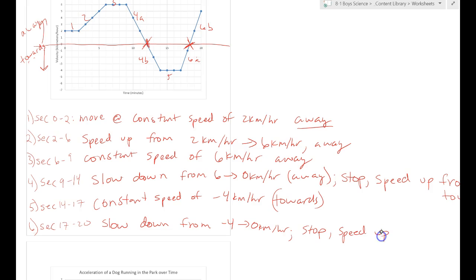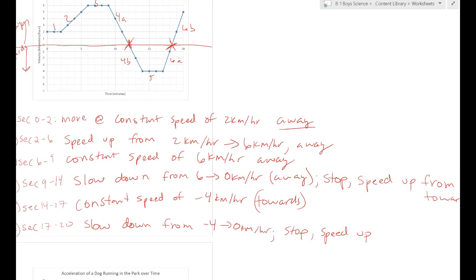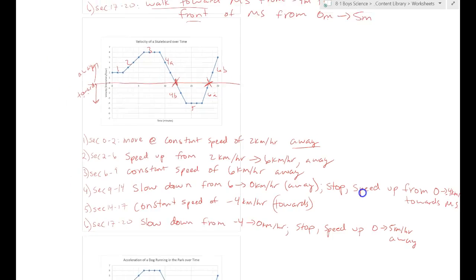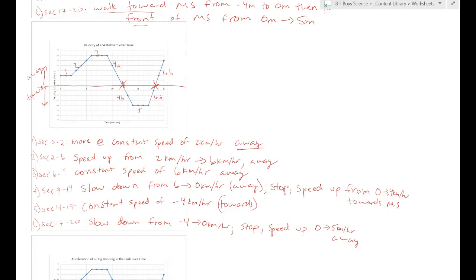Speed up from 0 to 5 km per hour, and we are again moving away. Okay, there's our final answer for what a velocity interpretation graph would look like here.